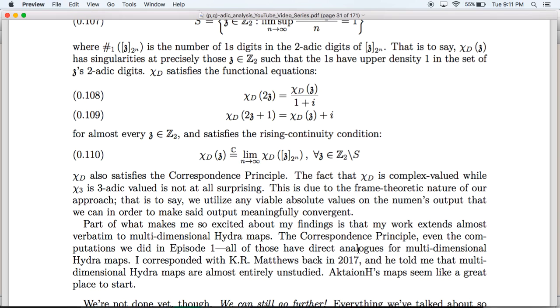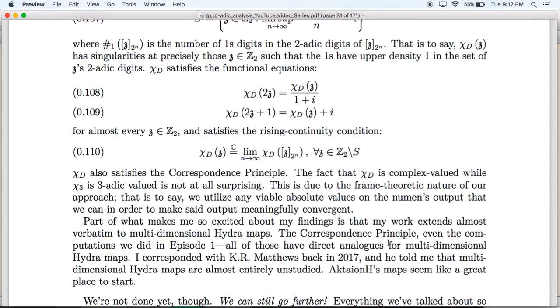The rest is completely unknown, and my techniques can be used. And again, the formalism is the same for the one-dimensional and the multidimensional cases. The only way the multidimensional case is different is that you're using matrices and vectors instead of scalars, so you have to be careful about whether or not the matrices commute, but otherwise it's almost exactly the same. So acting on H's maps, and I give the link to his post in the description, might be a great place to start developing this theory.